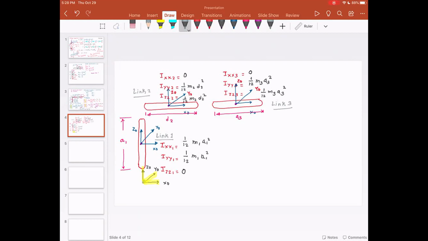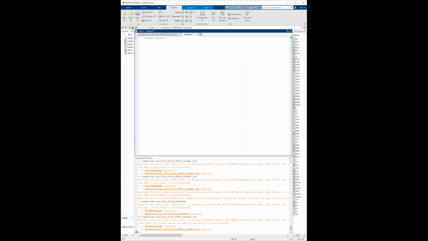Now what I can do is go to MATLAB and try to work out the problem. I'm going to start step by step, but please understand it's a 3 degree of freedom system. I'm going to say this is going to be my RPR robot. So I'm going to switch my screen to MATLAB. You should be able to see my MATLAB screen.